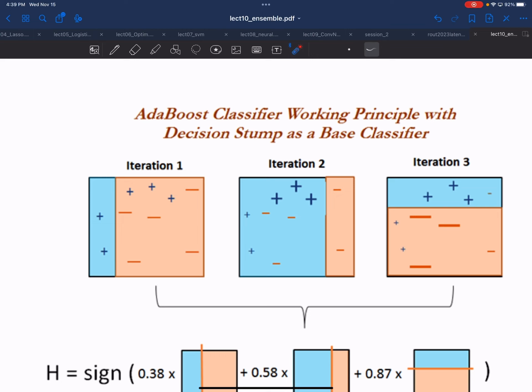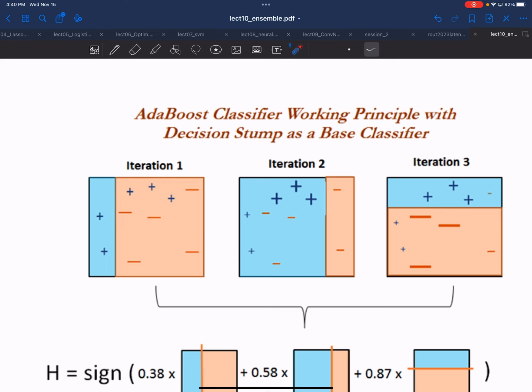At that first iteration, let's say we design a decision stump. A decision stump is a tree with one level. That's it. A decision stump would basically split your feature space in half, with one decision on one half and the other decision on the other half. It's as simple as that.